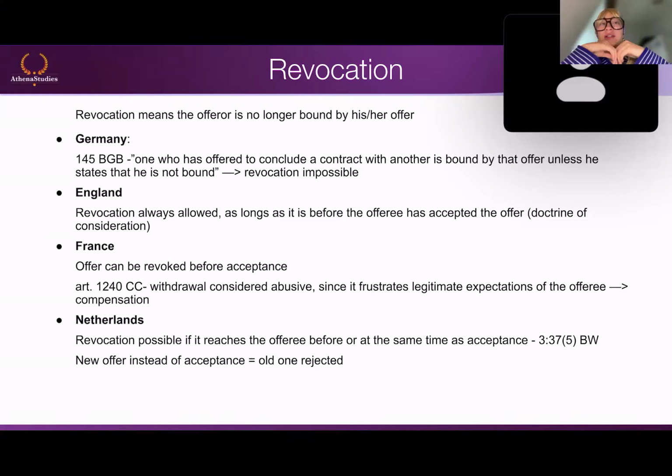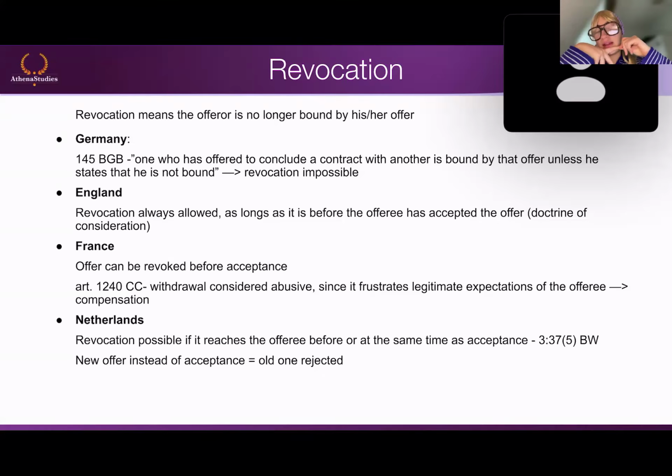French law says that the offeree has had legitimate expectations: I was legitimately expecting that this contract would be concluded and I made some plans based on that. France sees this as abusive and thus may ask for compensation. This is Article 1116 of the Civil Code. And this is France.